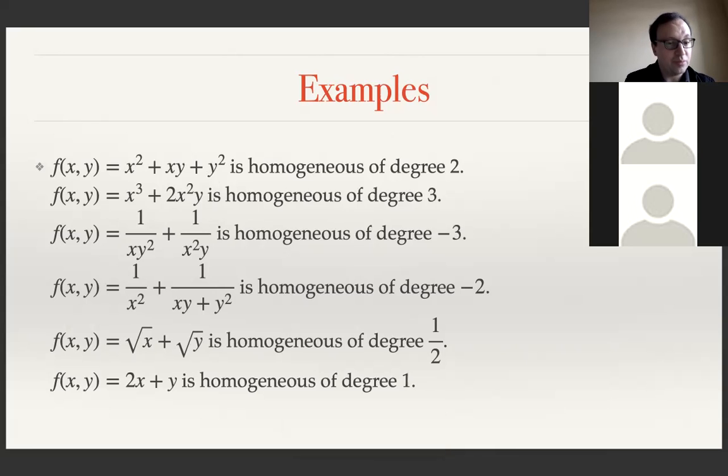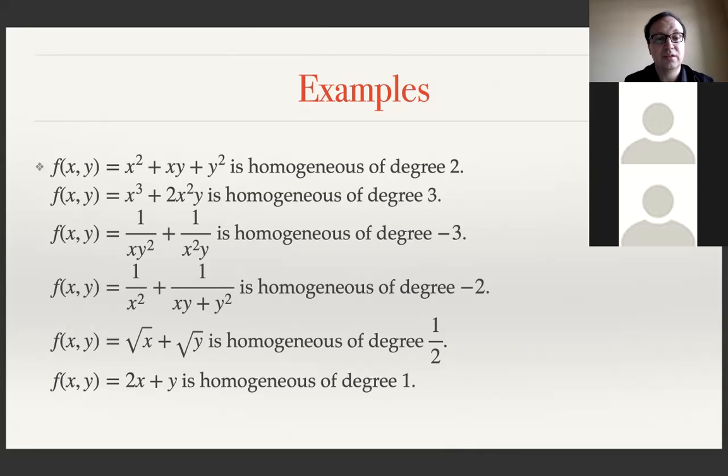Again, it is a polynomial. Not all polynomials are homogeneous. For example, if we had x squared plus xy plus y, this would be an inhomogeneous polynomial because some of the powers would be of degree 2 and one would be of degree 1. But homogeneous functions need not be polynomials.